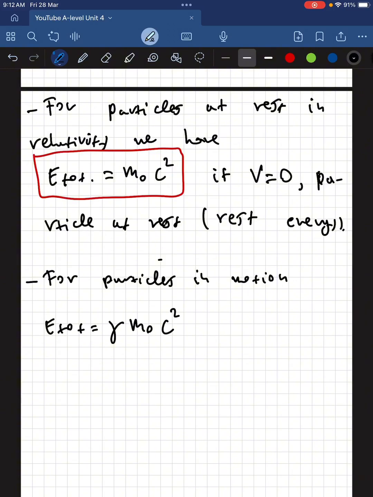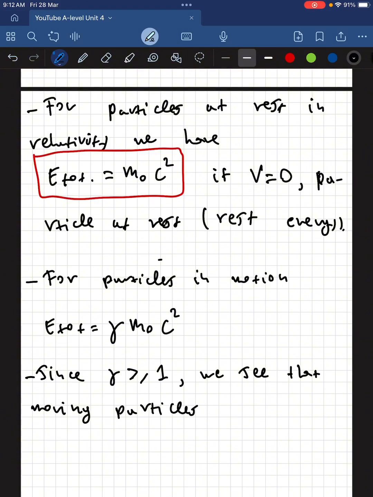And since gamma is larger than or equal to 1, we see immediately that moving particles gain mass, which is what you actually need to know. So this goes beyond, as I mentioned. Let's put this in the red box as well.